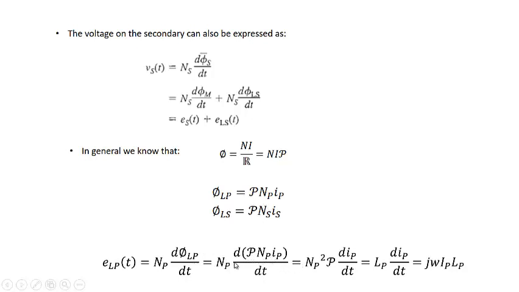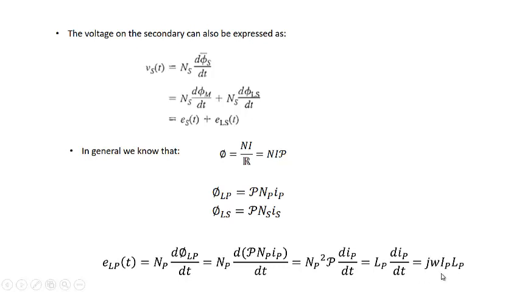When you take this Np outside, it will be Np square psi into di by dt, and we know that this, which we have just derived, is the inductance, in this case the inductance of the primary circuit. In phasor form, it will be equal to j omega Lp into Ip, or j X into Ip, where omega into Lp is X.